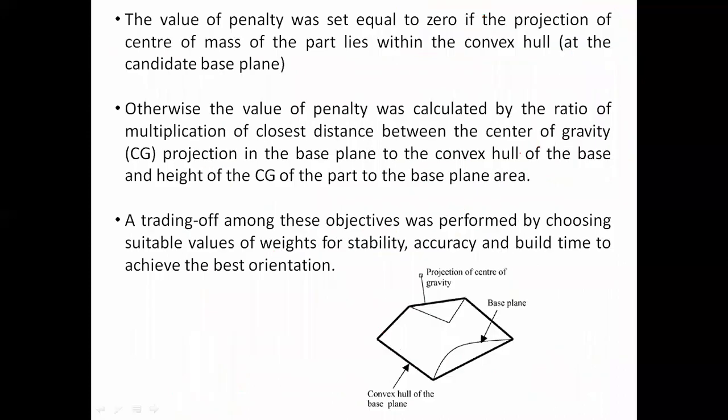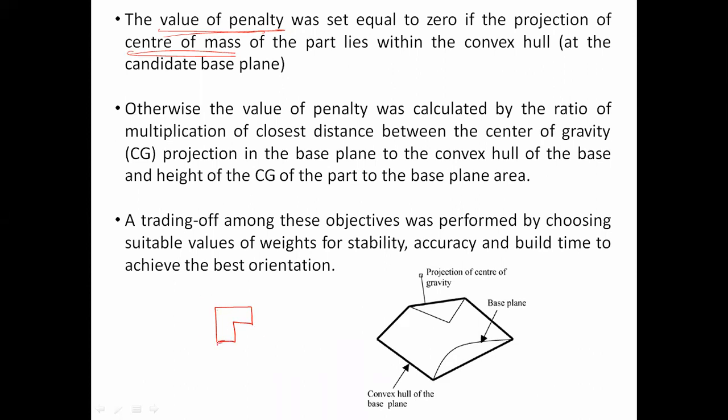And how did they value the stability? Stability was valued with the help of a penalty function, and the penalty function was incorporated on the basis of the center of mass of the part. Now suppose you are making a part like this.